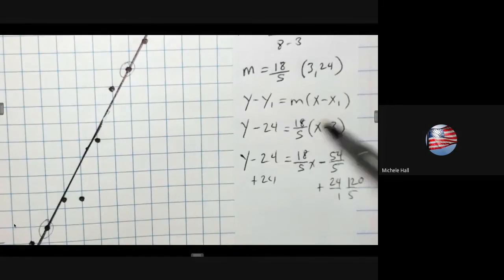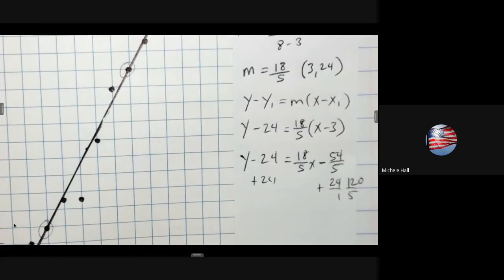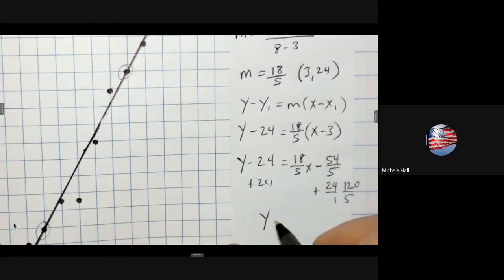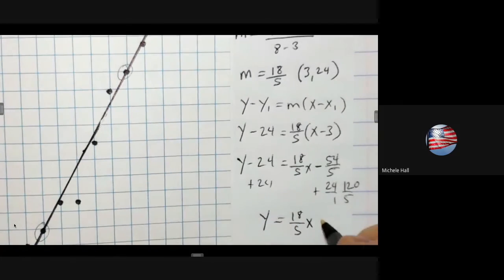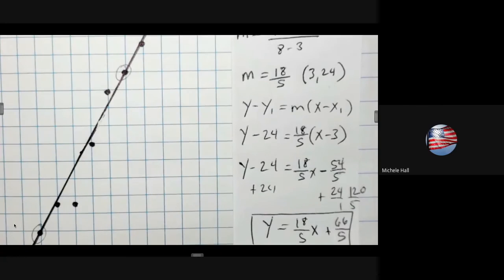All right, after doing the distributive property, adding 24 to both sides, common denominator, negative 54/5 and positive 1/25, we get y equals 18/5 x plus 66/5. This is for data, so sometimes it's just cleaner algebra to have that equation simplified down. That is the line of best fit.